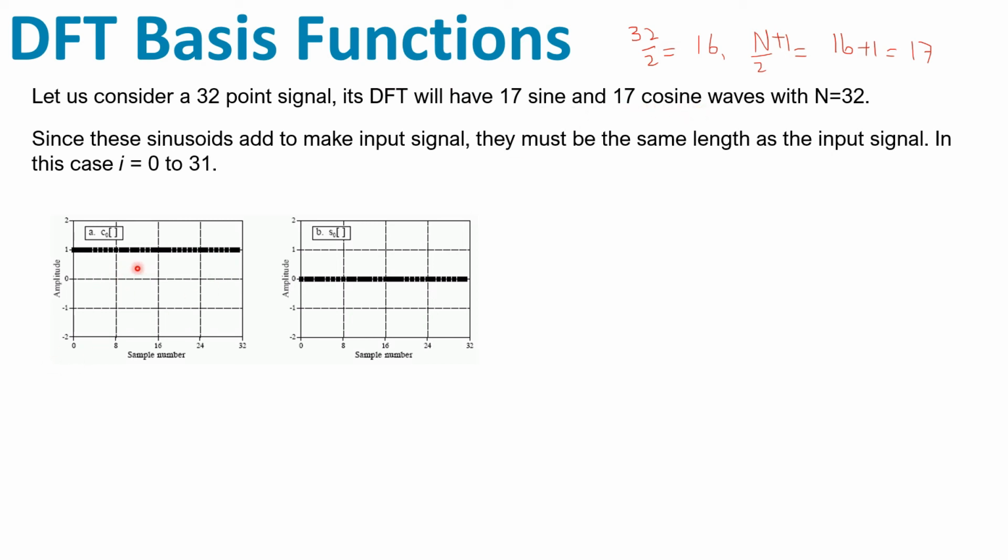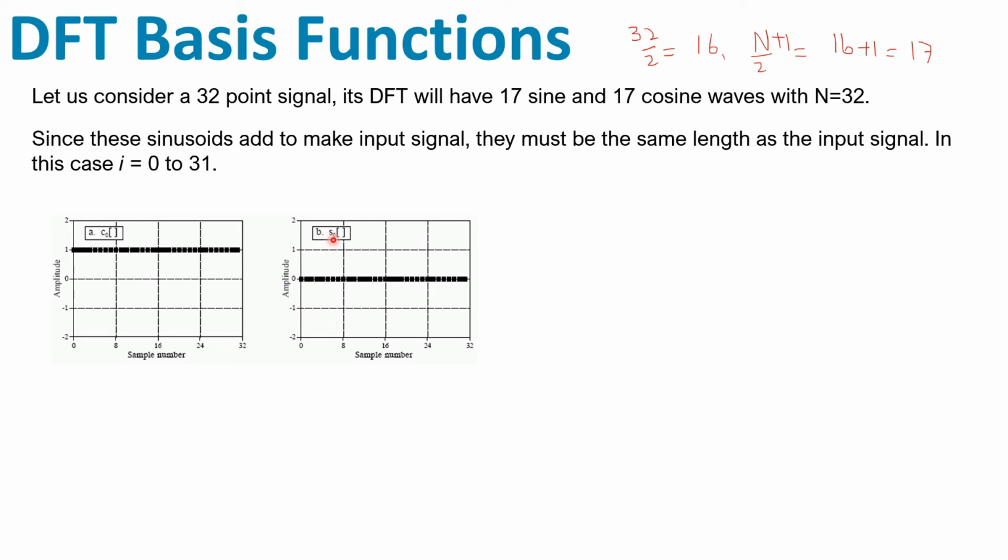This is the first one, C0 cosine and S0 sine. As we saw, the basis functions are represented with C and S. C means cos and S means sine. C0 is the one with zero frequency. Cos of 0 is 1 all the time, and it has 32 samples, equal to the length of the original signal.